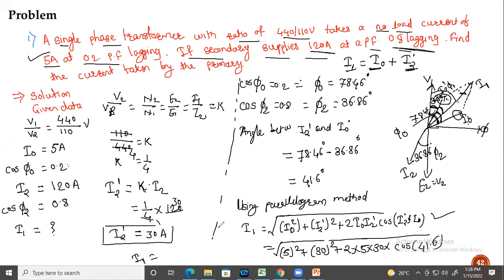I1 is equal to 33.89. 33.89, why? See, I1 is equal to 33.89 ampere.